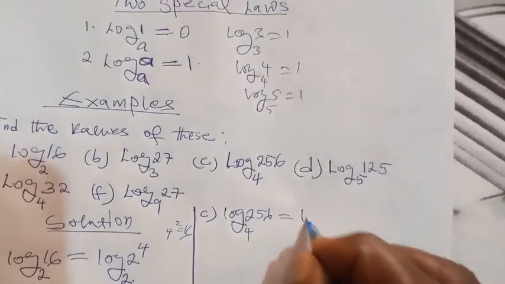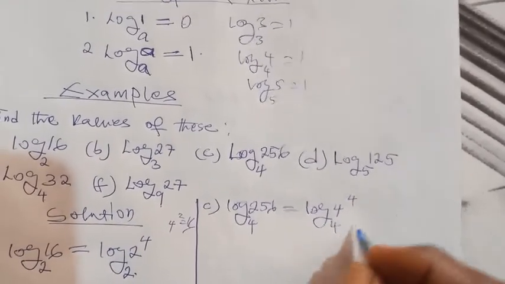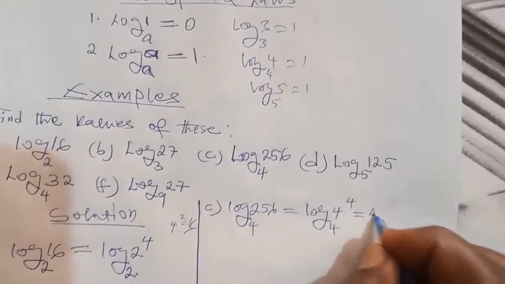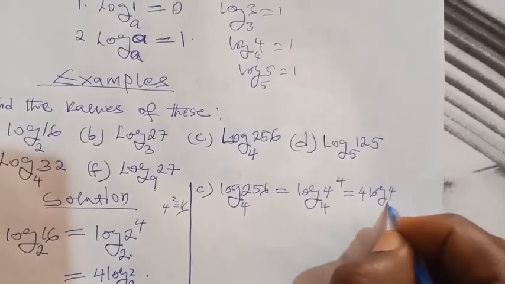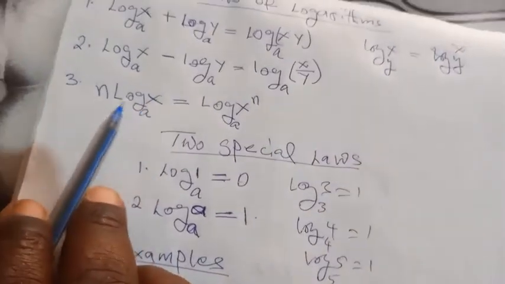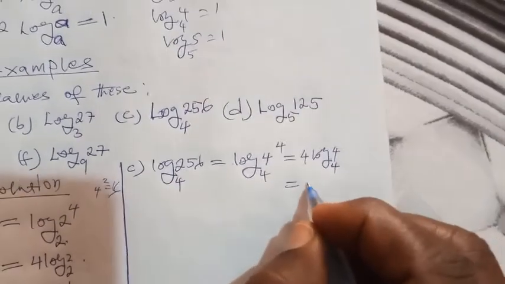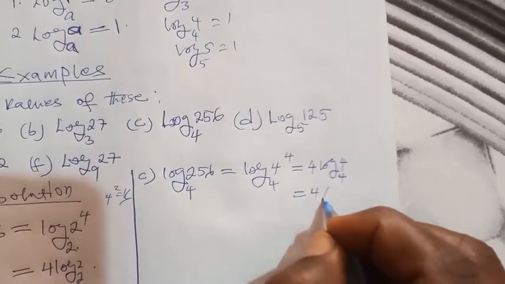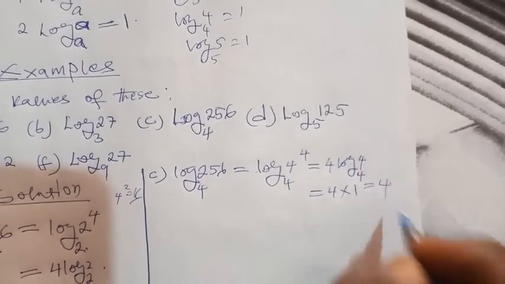So I'm going to have log 4 raised to power 4 base 4. And so this becomes 4 log 4 base 4, because this 4 will multiply this using the third law again. Don't forget it, using the third law, right? And so this is equal to 4 times 1, because log 4 base 4 is 1. And so we can have 4. My answer is 4.